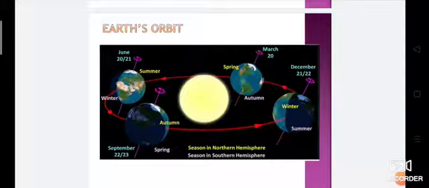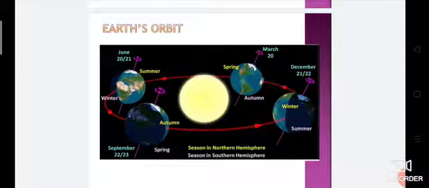Just because of this change in the angle of elevation of the sun, sometimes the northern hemisphere gets maximum energy, and the duration of the day is 14 hours, whereas the night duration is about 10 hours.